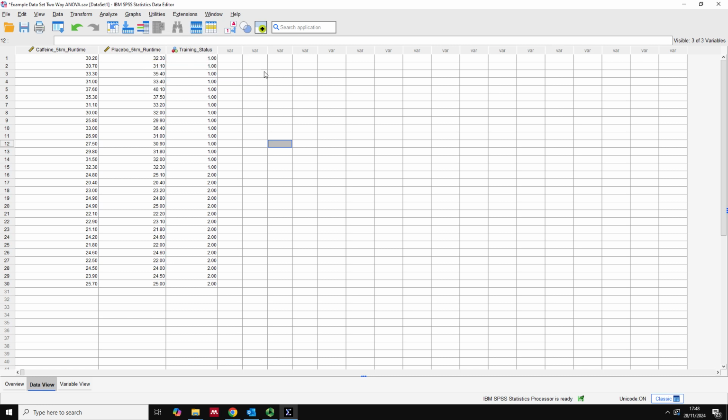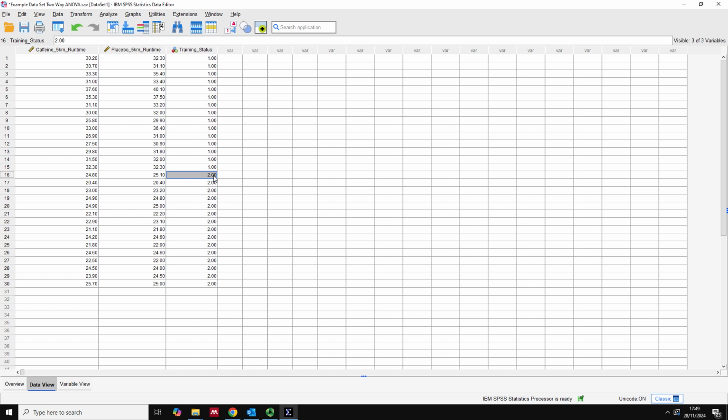And then the third column, we've got the training status of each of our participants. So we compared trained versus untrained participants. People with the number 1 next to their data points were untrained, and people that had the number 2 next to their values are trained.